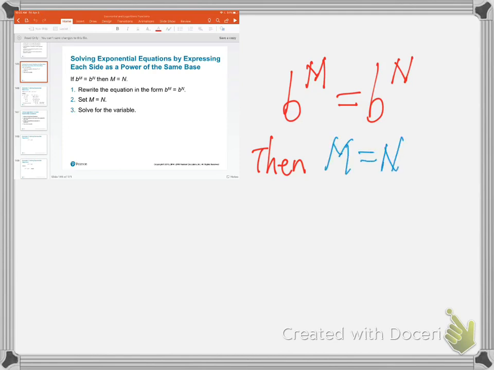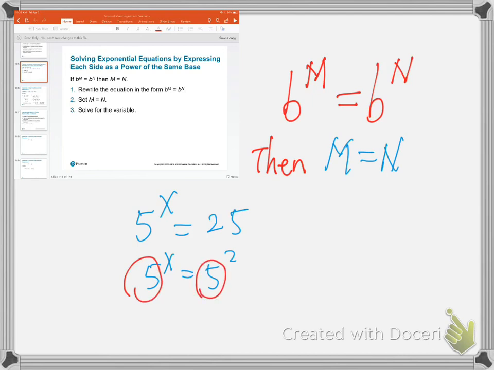For example, if you have 5 to the x is equal to 25, what is 25? 25 is 5 squared. So now we have the same base 5. This implies an equation for the exponent, so x is 2. That's the property: same base implies same exponent.